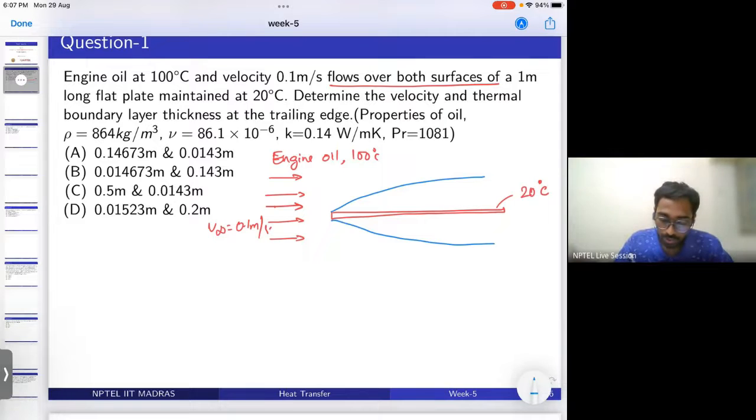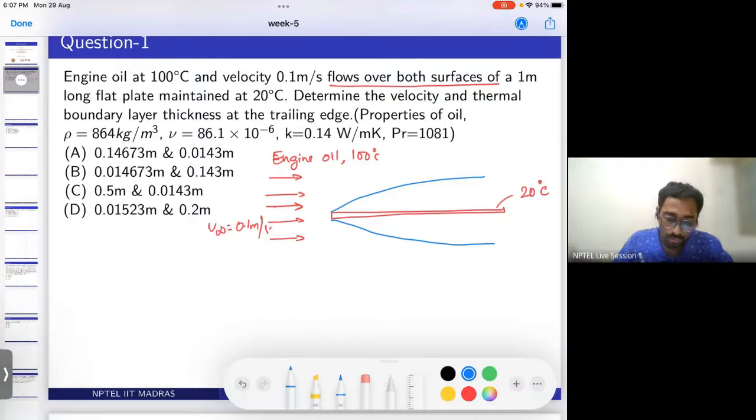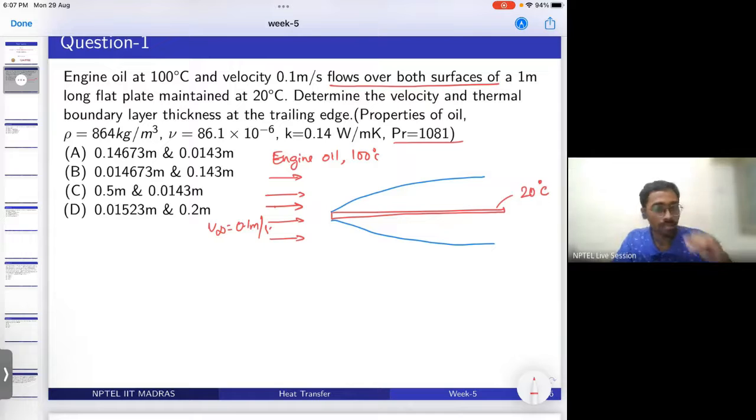Before that, I will ask you one question. Here the Prandtl number is 1081, which is greater than 1. So which boundary layer thickness will be larger, the thermal or the velocity boundary layer?